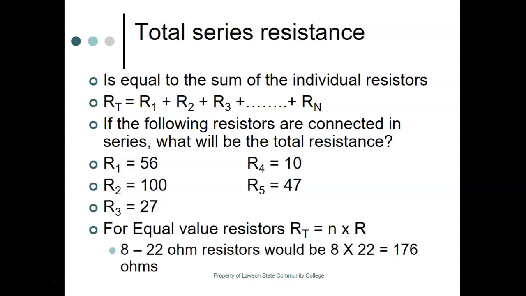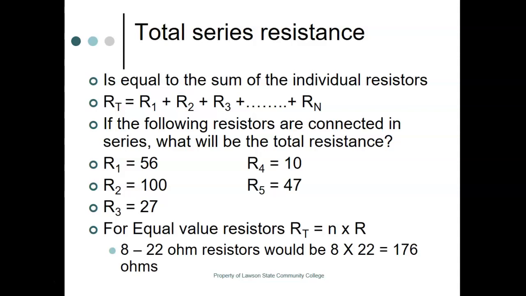And as for the formula here, guys, what it's saying is that resistance total equals adding up your individual resistors. Now, the total number of resistors is only determined by what? How many resistors are you going to put in, right?